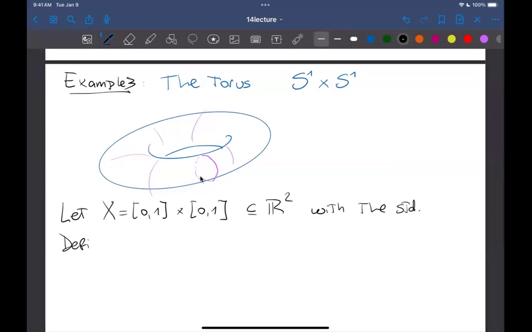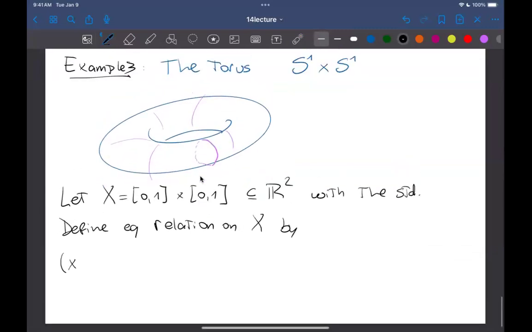Define an equivalence relation on X by (x, y) is related to (x', y') if and only if either x is x', but y and y' are either 0 or 1.